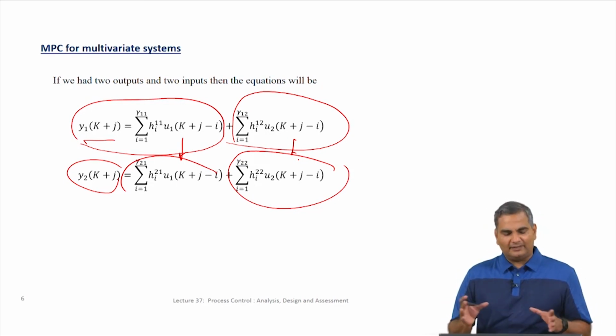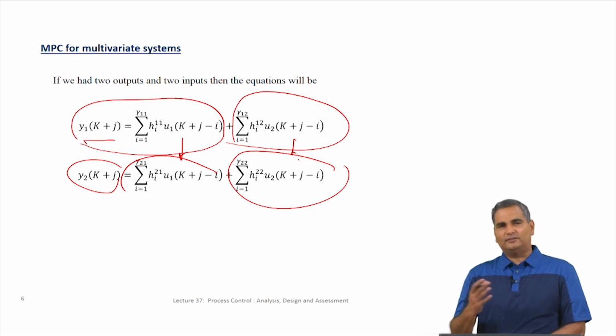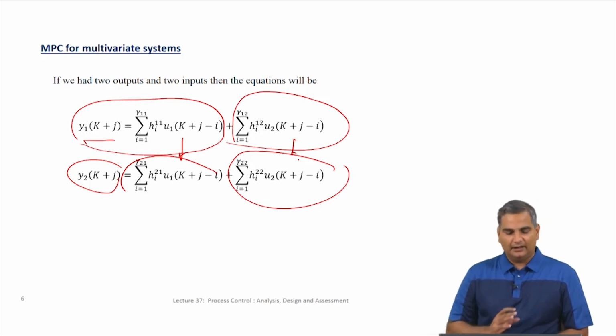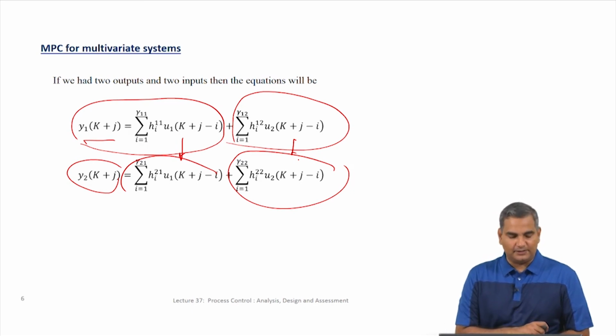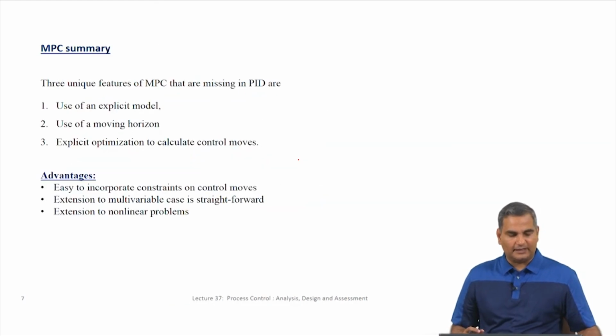Okay. So, basically everything else remains the same, except that the number of decision variables that you are going to use increases corresponding to the number of inputs that you are going to use. So, once that is done, then everything else is done in the same way. So, this is one of the major attractions of MPC, because when you go from SISO to MIMO control, you do not need much more sophistication. The basic ideas simply translate.